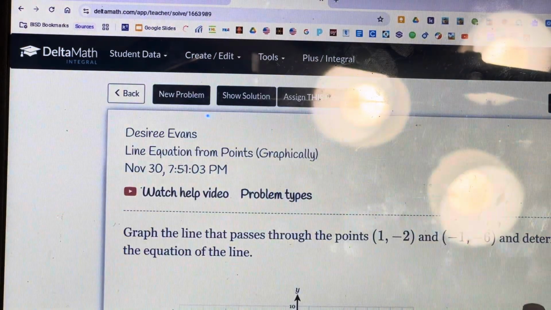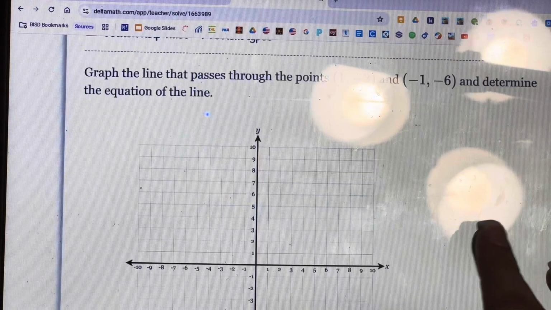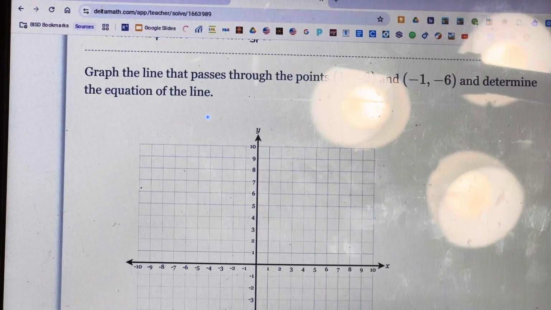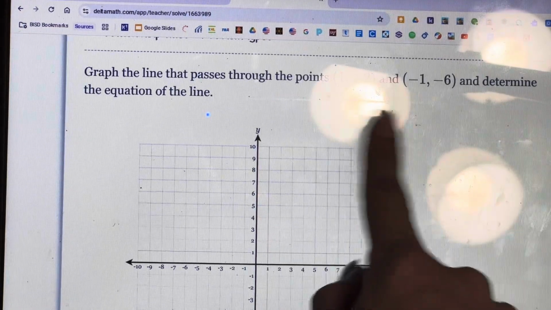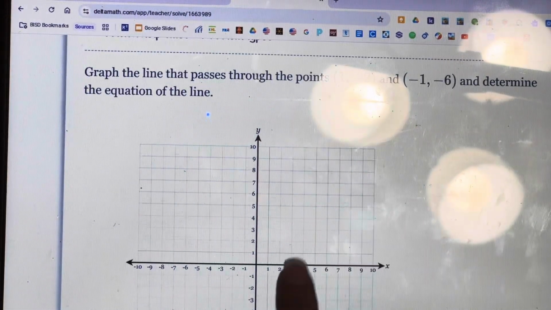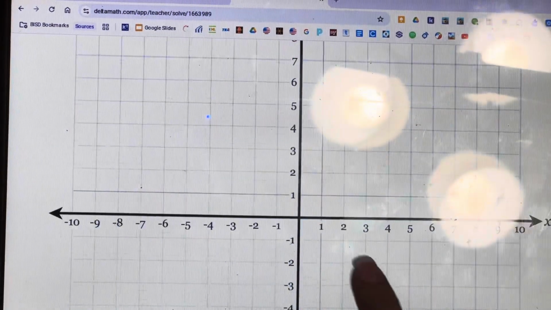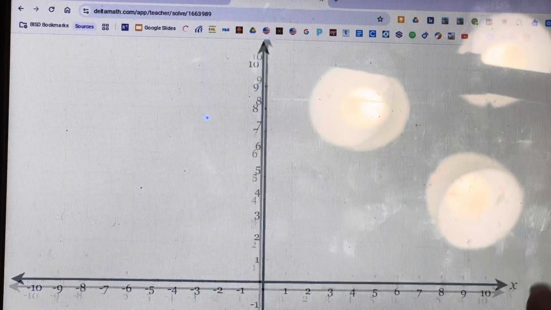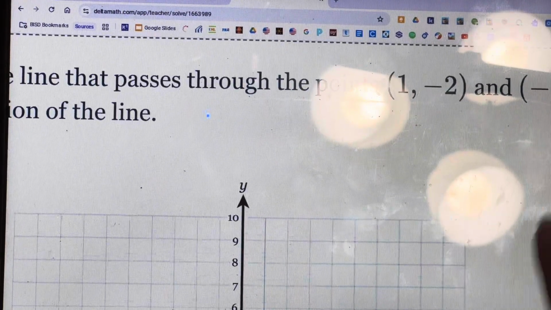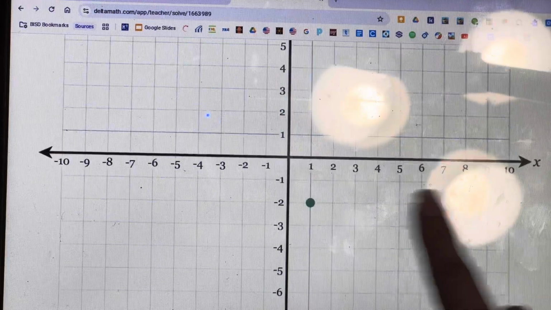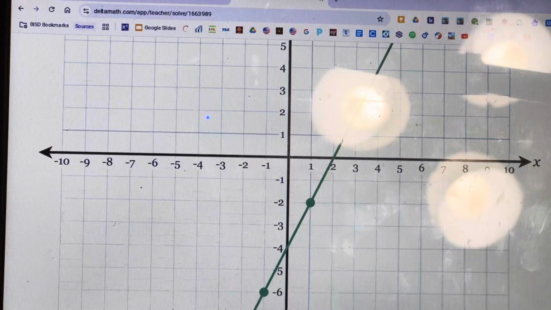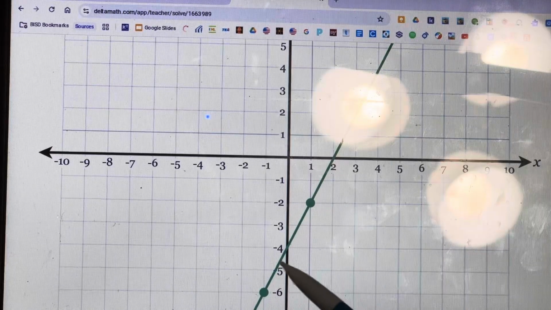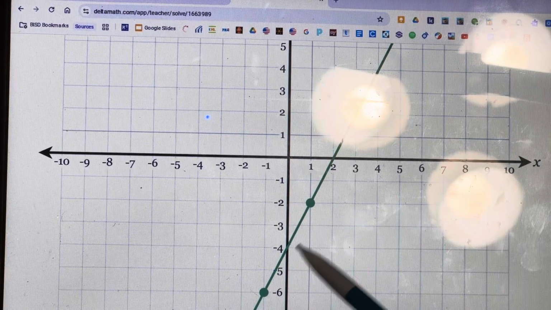Next style of questions: graph the line that passes through these points, then determine the equation of the line. So we're going to plot these 2 points. So (1, -2), one point here, and then (-1, -6) here. Now I have my graph. My y-intercept is here at -4.